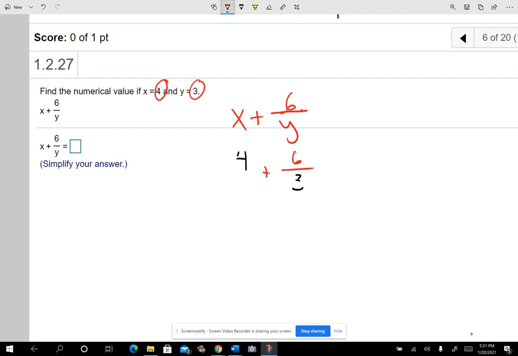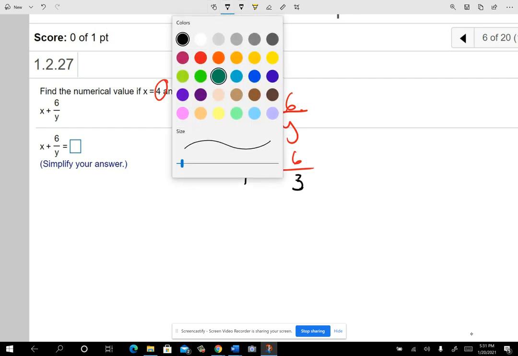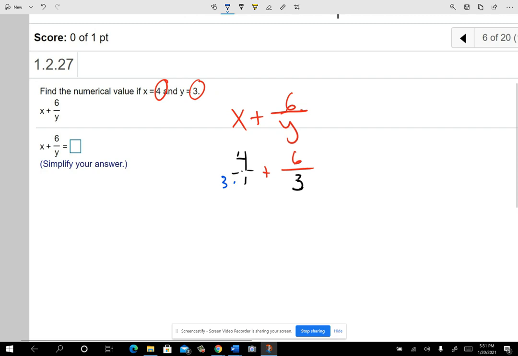Now, if you're like me, when you first worked it, you're kind of thinking about fractions because that's what we thought about in class. So what you might have done is think of that as 4 over 1, then said, oh, I need a common denominator because I'm adding fractions. So I'm going to multiply by 3 on the top and bottom.